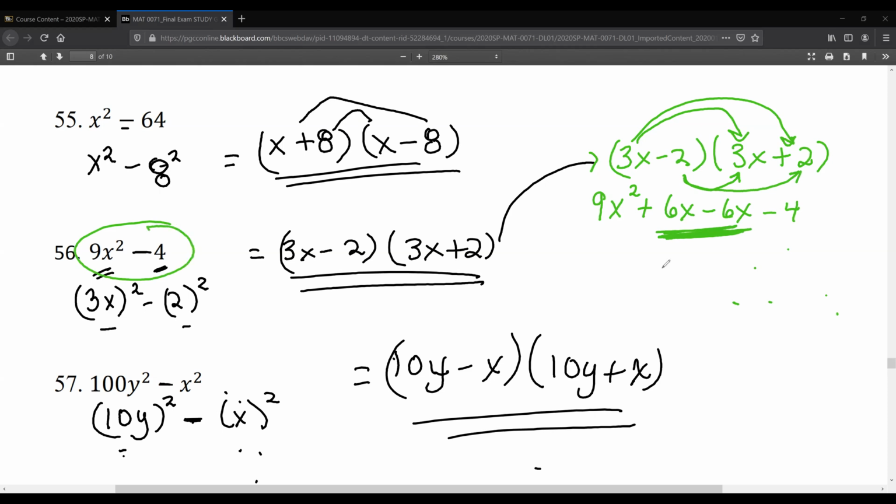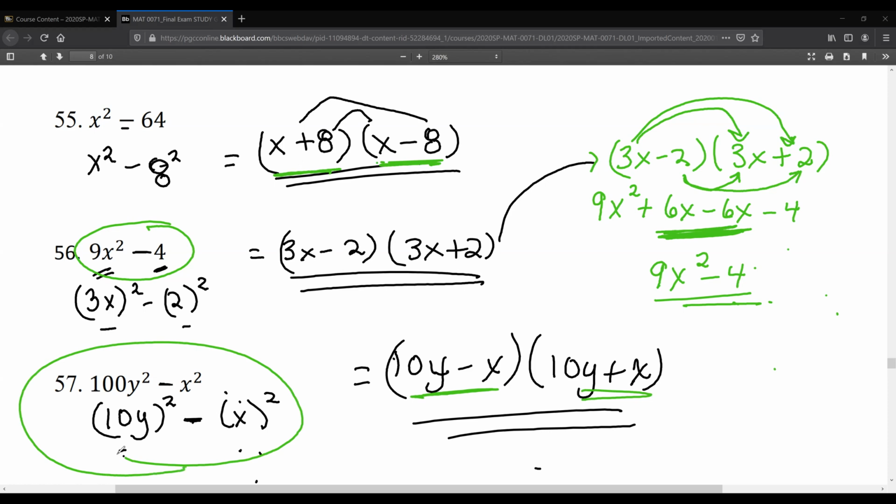So this becomes 9x squared minus 4. So when you have perfect squares with a minus sign, when you factor it out, one has to be positive and one has to be negative because you don't want a middle term.